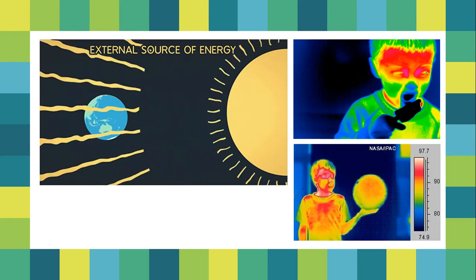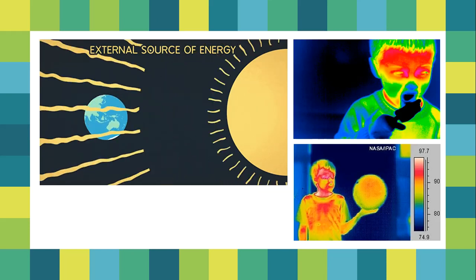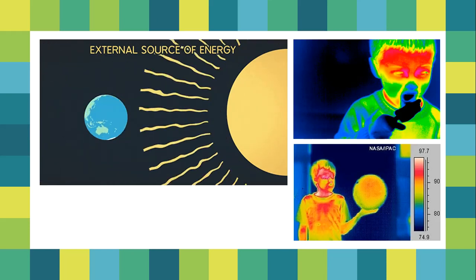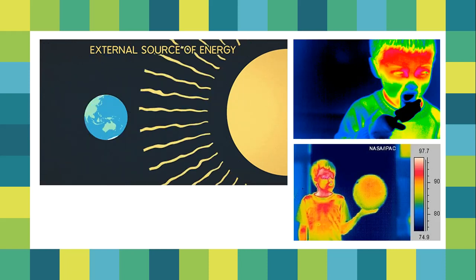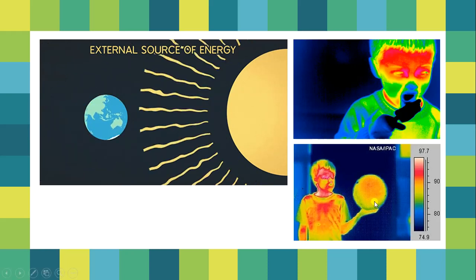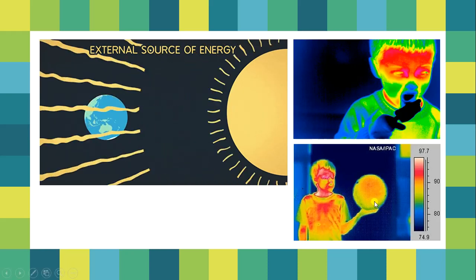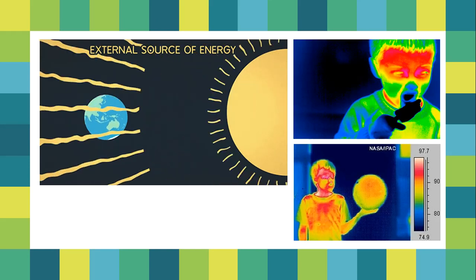Convection currents travel slower. Conduction is usually slower than both radiation and convection. In conduction, we have two objects or two materials touching each other, and thermal energy must travel through all the particles of the matter.